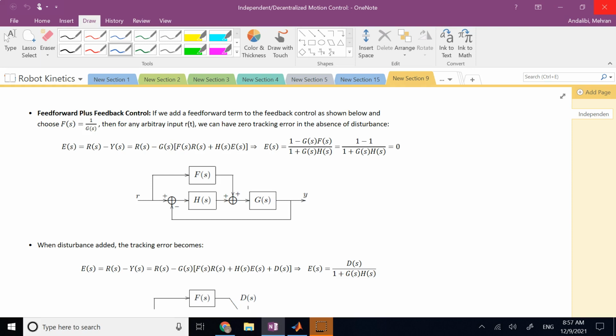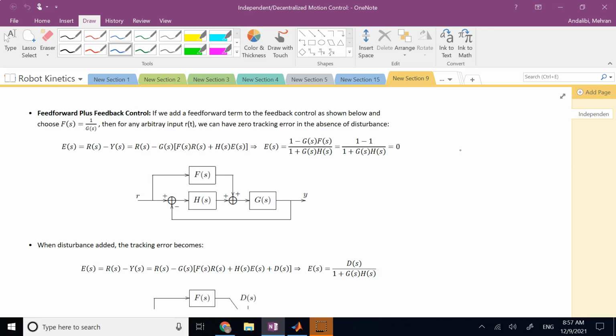But this time, different from the previous video where we tried to use a PD or PID compensator only, we try to bring in an extra term that tries to cancel the effect of that disturbance. We try to estimate that disturbance and add it as an extra input to the control system.